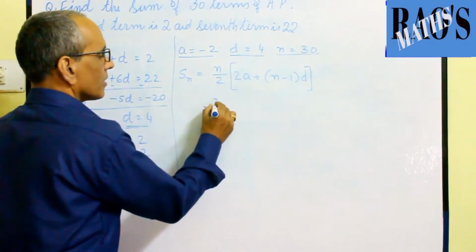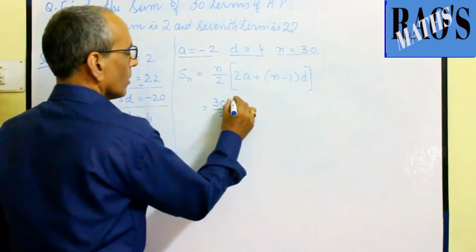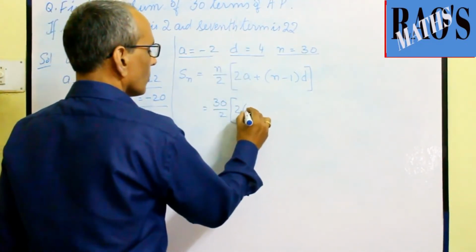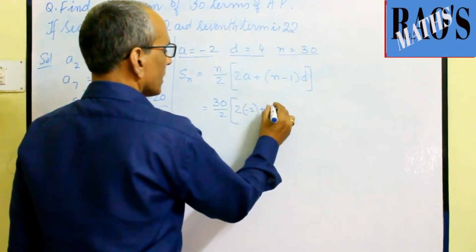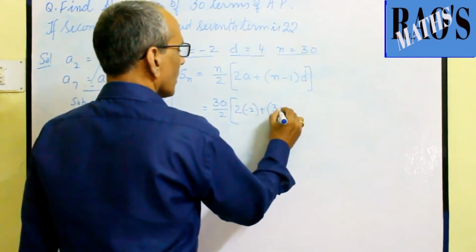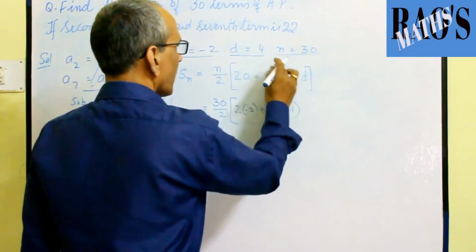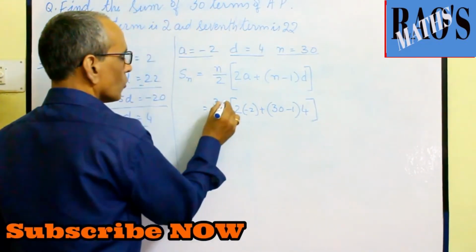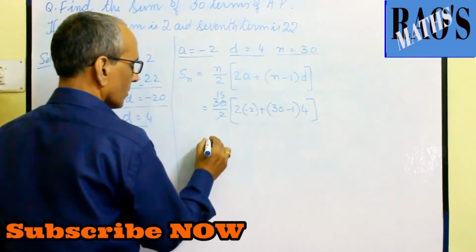n, that is 30 by 2 of 2 of a value, which is minus 2, plus n minus 1, n is equal to 30, so 30 minus 1, and d value is 4. Okay. 2 into 15 times.